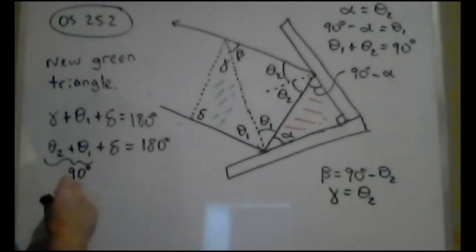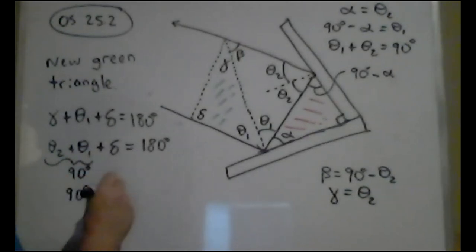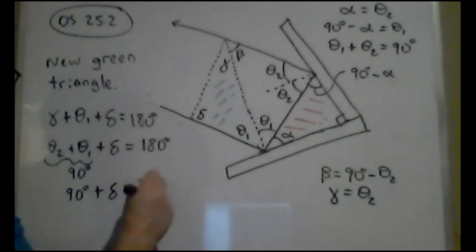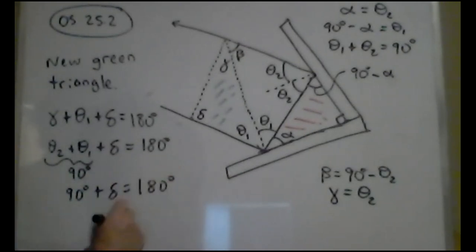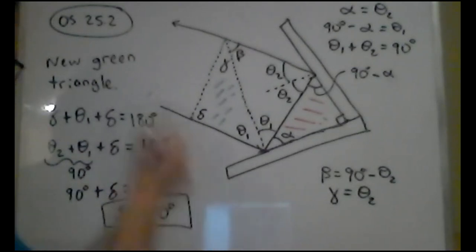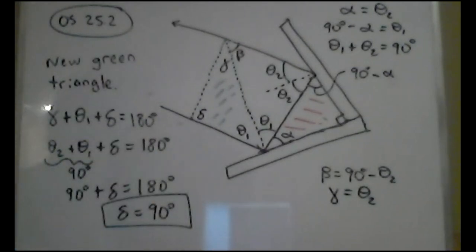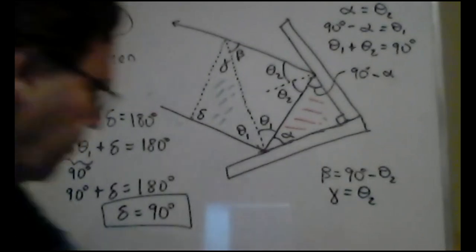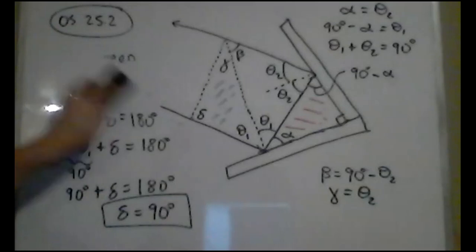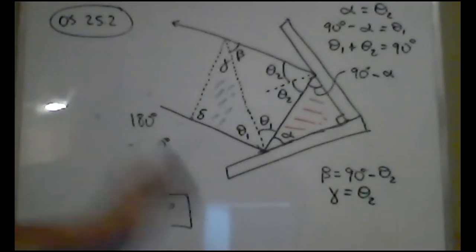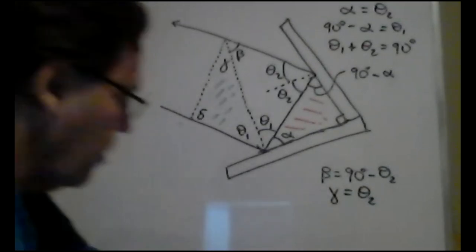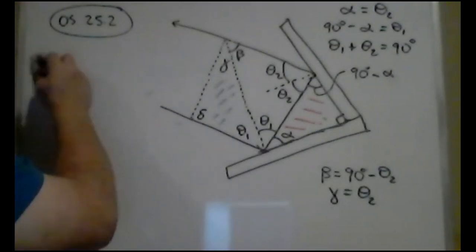All right, so that means 90 degrees plus delta equals 180 degrees, and yay, barely, delta is 90 degrees. So indeed, the incoming and outgoing rays are parallel. What I've proven is that the incoming and outgoing rays are parallel. We've finished the problem.